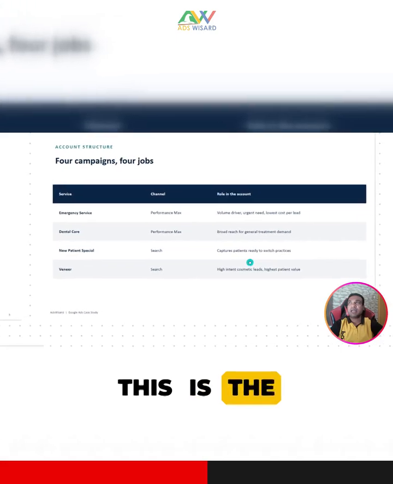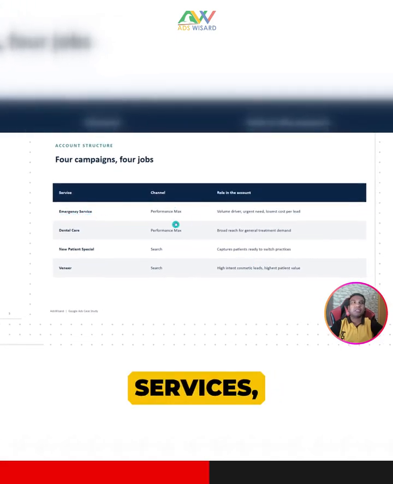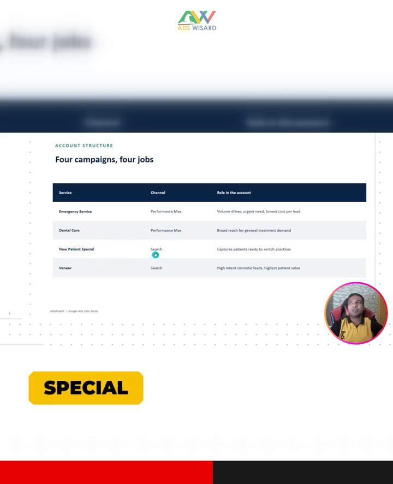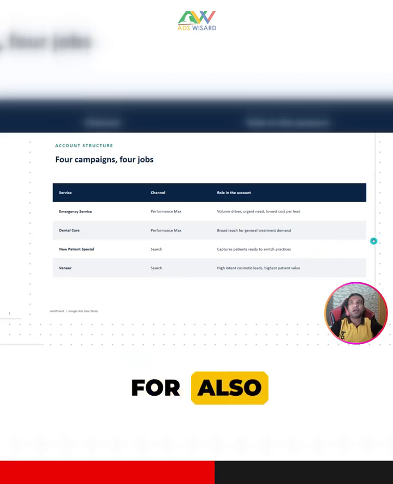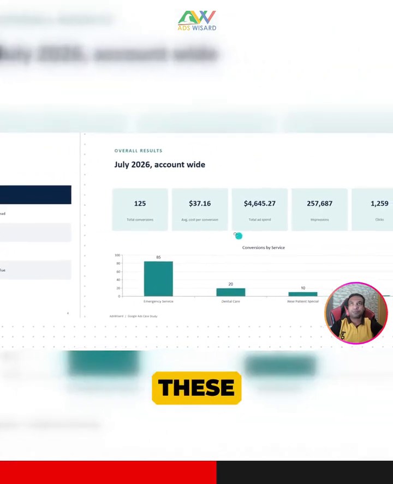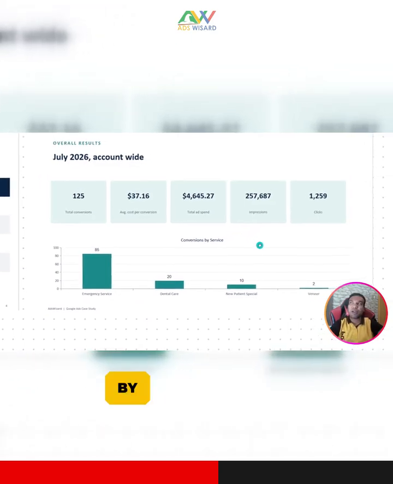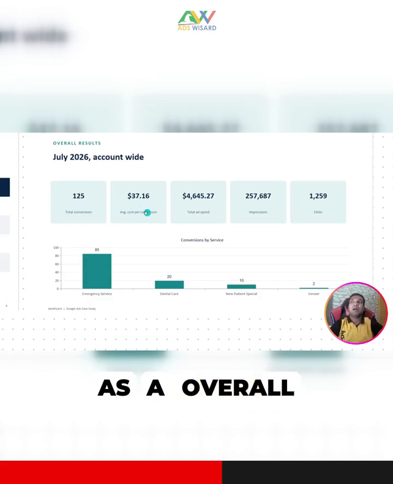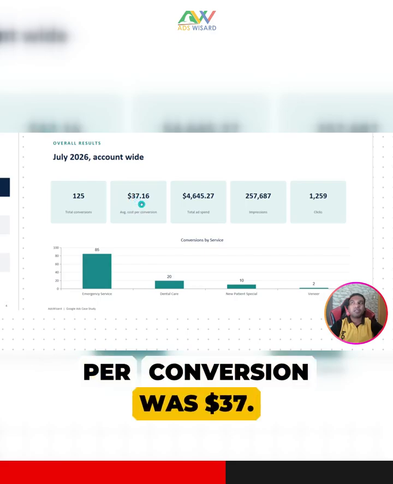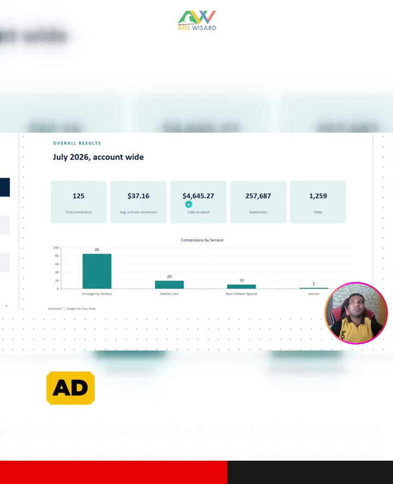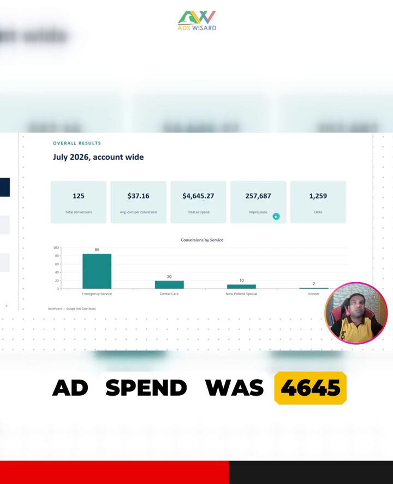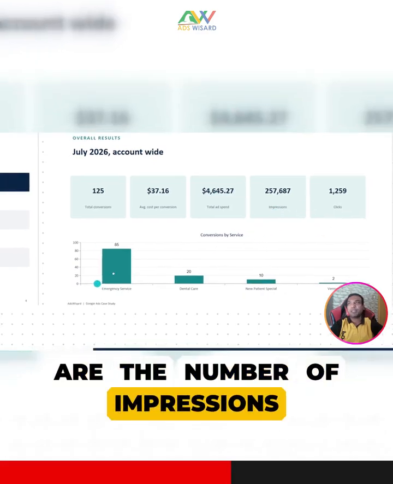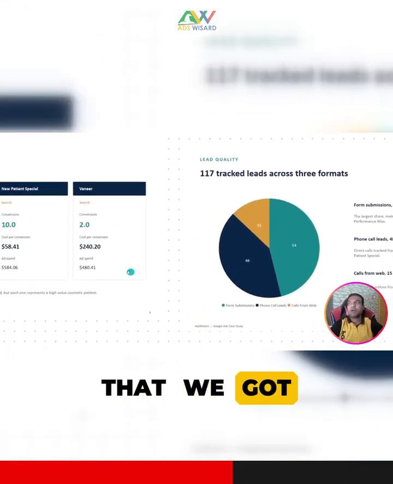So this is the exact setup that we used: emergency services on Performance Max, dental care on Performance Max, new patient special on Search, and veneer also on Search. This is the account-wide data: 125 conversions overall, with two from veneer as a separate one. Cost per conversion was $37. Total ad spend was $4,645, and these are the impressions and clicks that we got at that time.